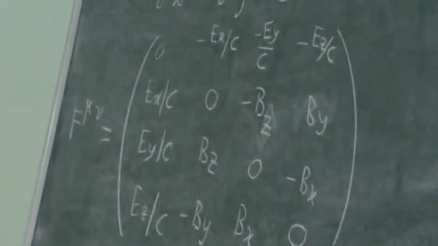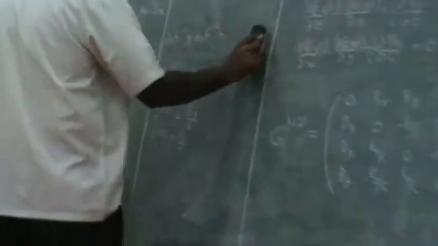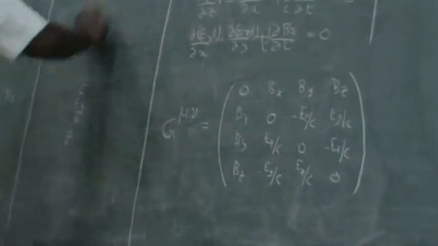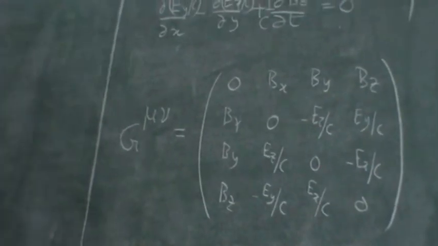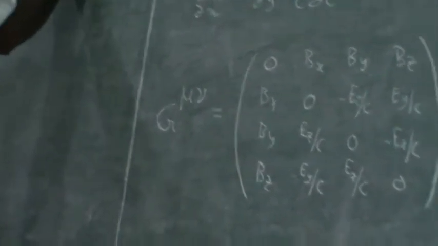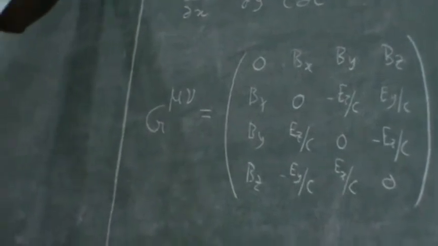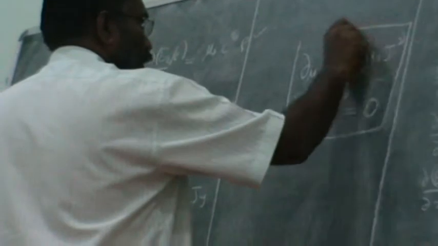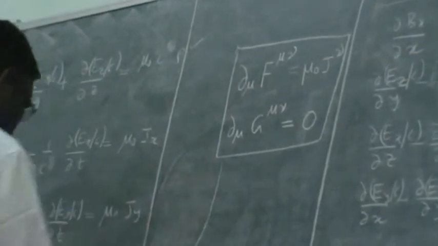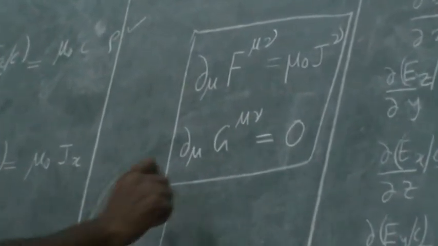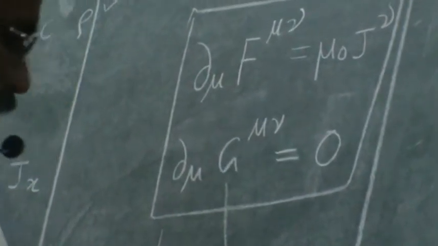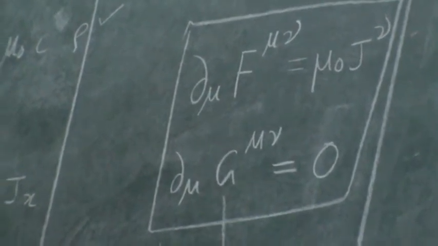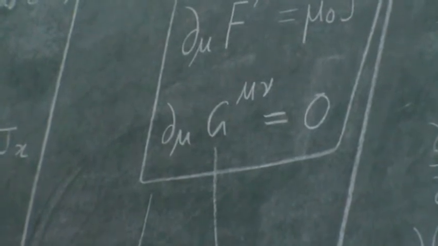And these two equations together, that is, this equation and ∂μ G^μν is equal to 0, where F is given by this and G is given by this, is called the covariant form of Maxwell's equations.